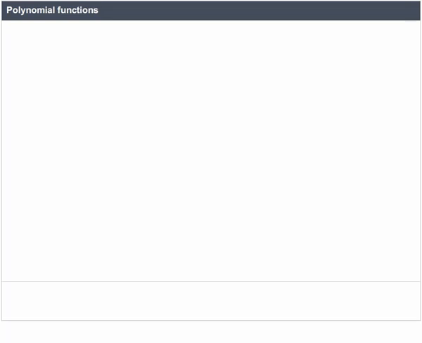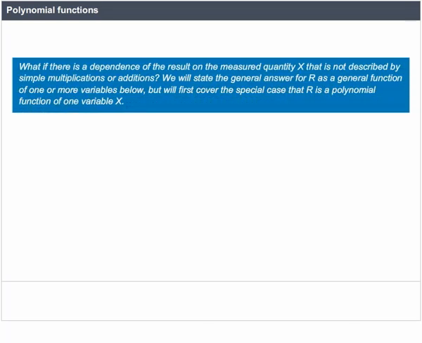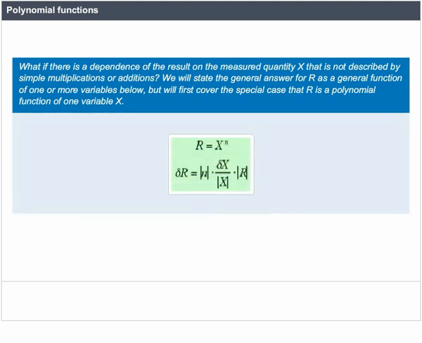Polynomial functions. What if there is a dependence of the result on the measured quantity x that is not described by simple multiplications or addition? We will state the general answer for r as a general function of one or more variables below. But we'll first cover the special case that r is a polynomial function of one variable x. R equal to x power n.